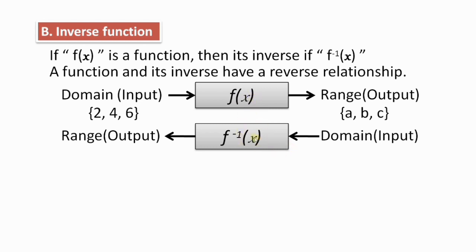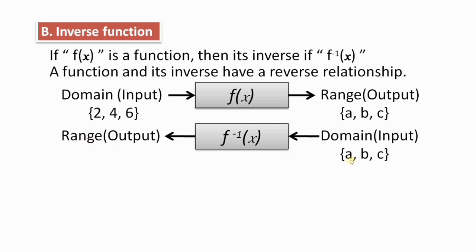So what the inverse function does is it takes the output value or the range of the original function, uses it now as the domain of the inverse function, and then that inverse function will do a reverse process. It takes that domain back to its original form, which will now be called the output or the range.